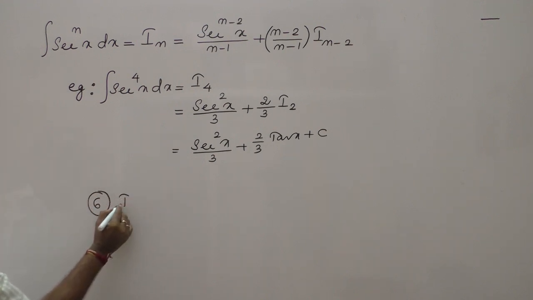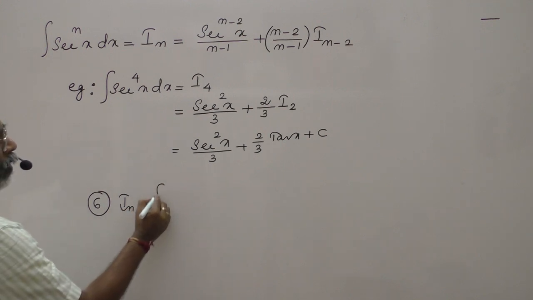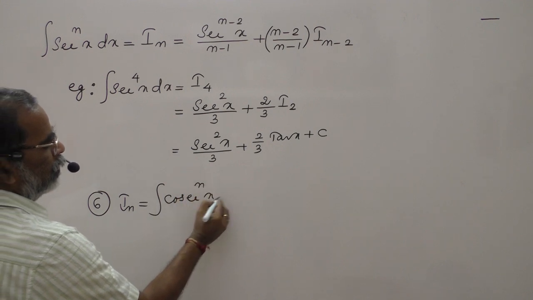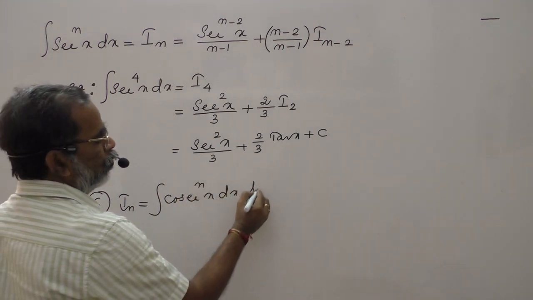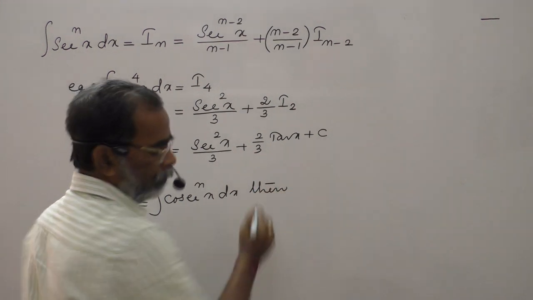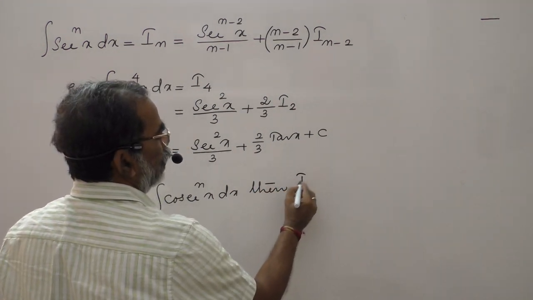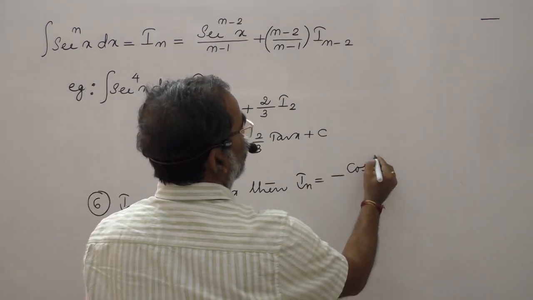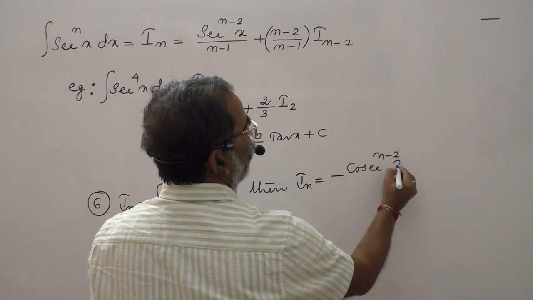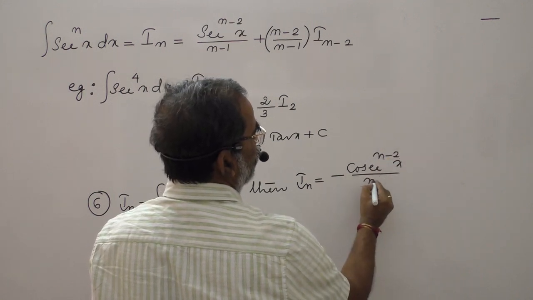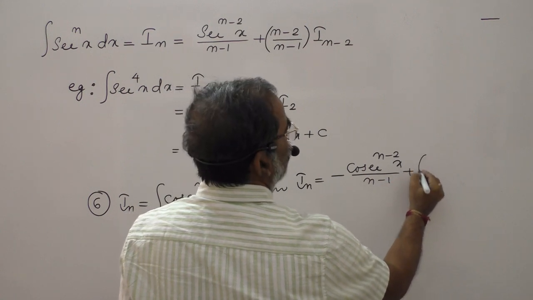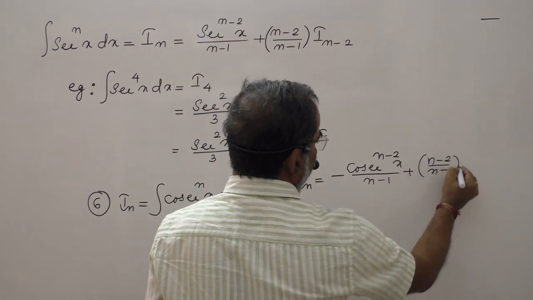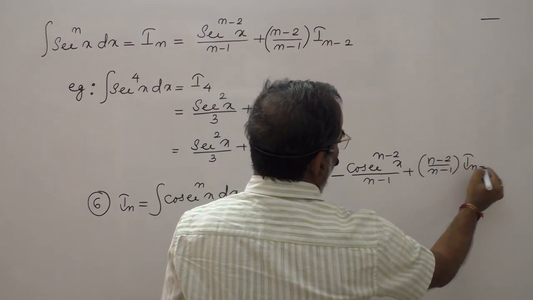Therefore if I_n is equal to integral cosec power n x dx, then I_n is equal to minus cosec power (n minus 2) x divided by (n minus 1) plus (n minus 2) by (n minus 1) into I_(n minus 2).